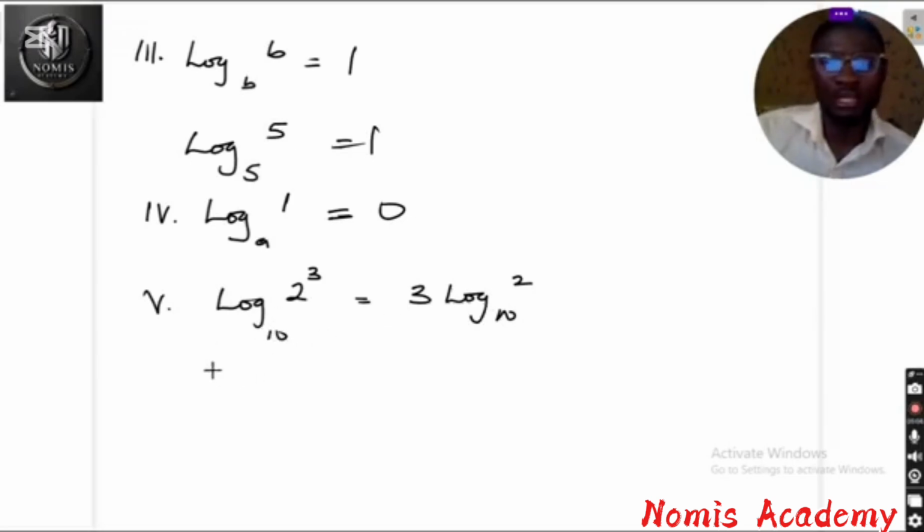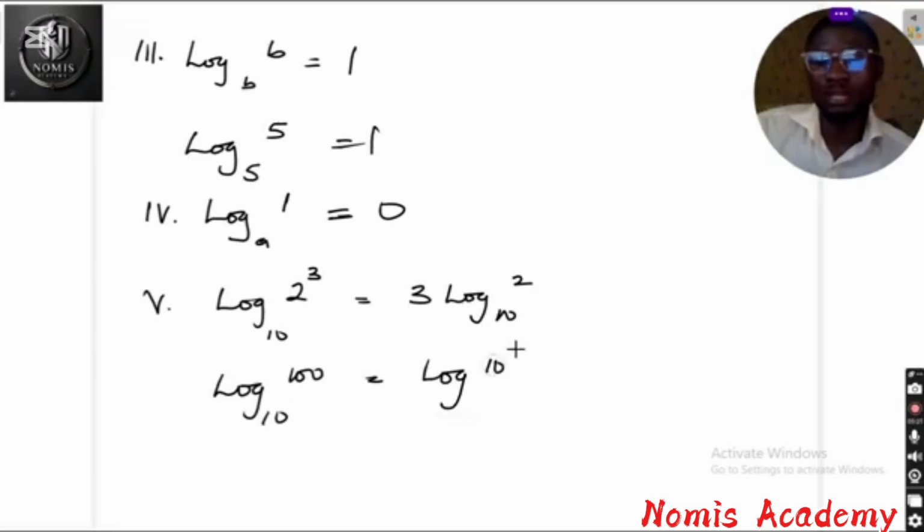So let's take for instance, let's say we have log 100 base 10. So this can become log 10 raised to the power of 2 base 10, and this becomes 2 log 10 base 10.